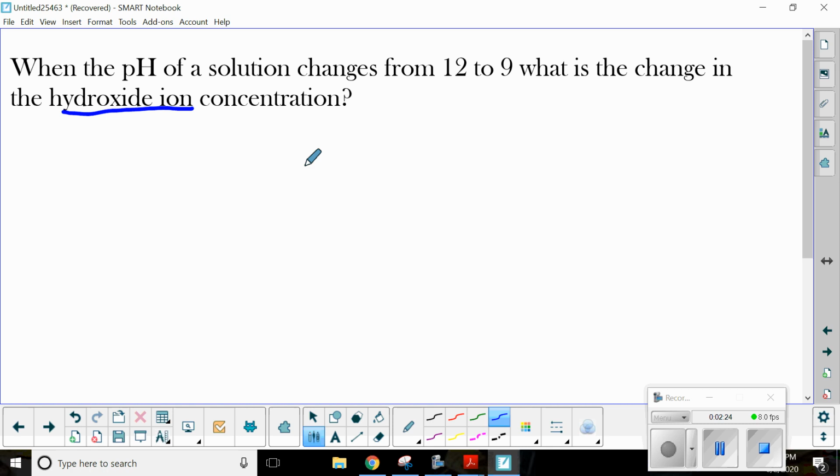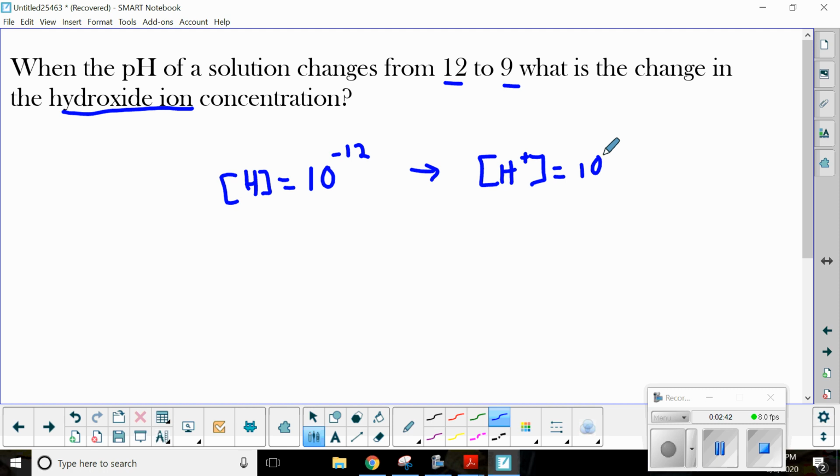So you did a really good job of recognizing that if you go from 12 to 9, you're going from 10 to the negative 12th in terms of your concentration of hydrogens to a concentration of hydrogens being 10 to the negative 9th.